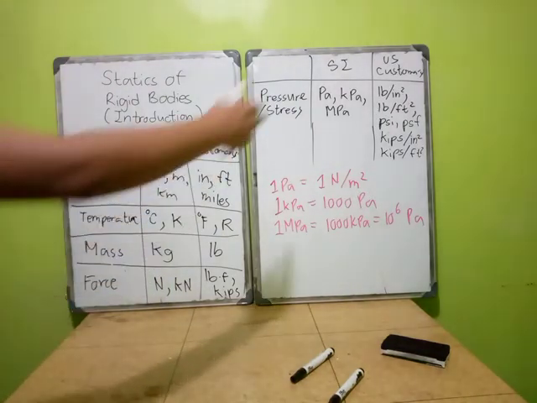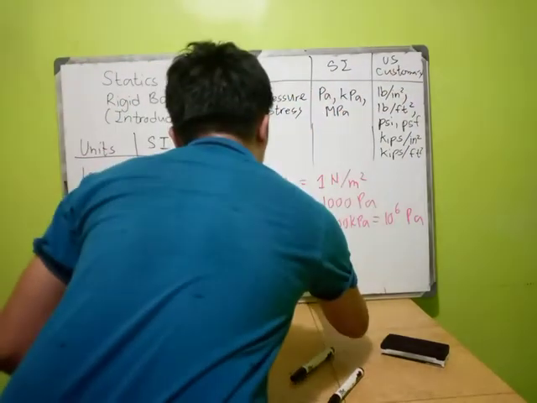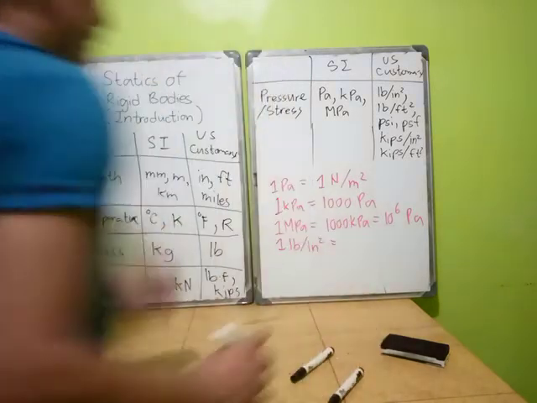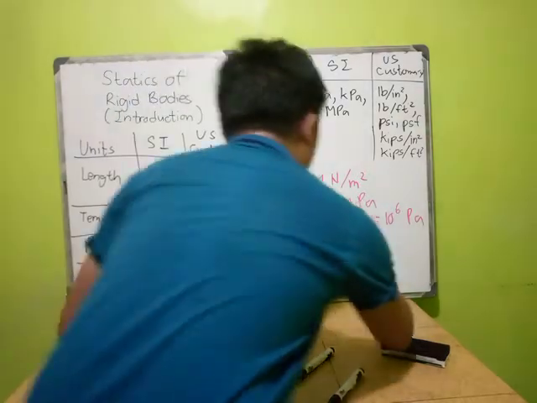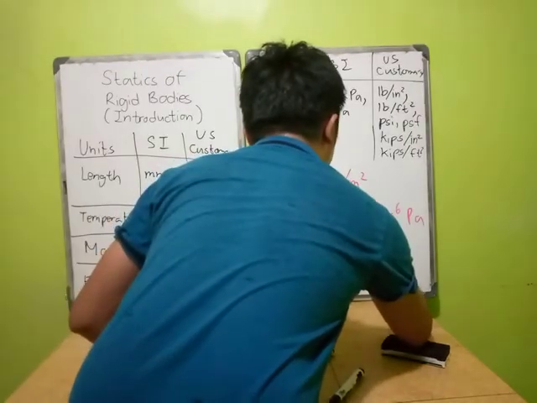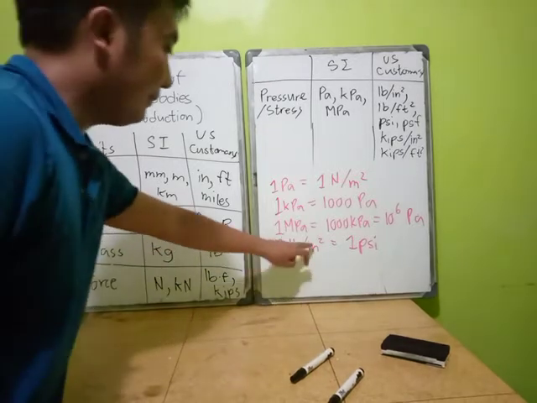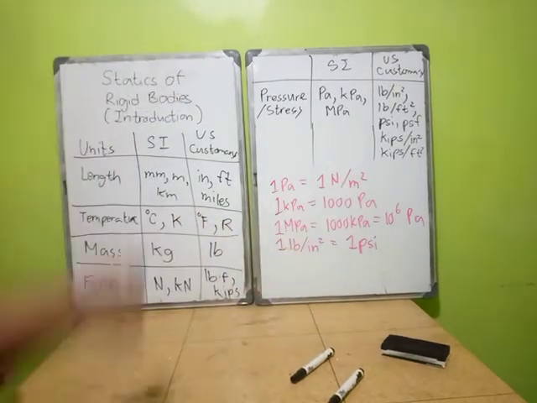So, dito, baka malito kayo. Usually, yung 1 pound per square inch is equivalent yan to 1 PSI. Pareho lang sila na unit. So, this is one term, this is the other term.